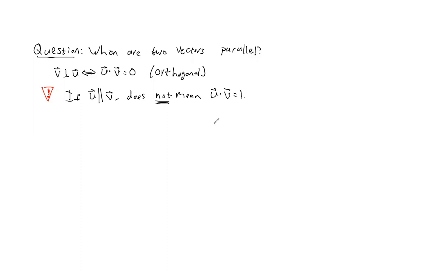I don't really know where this comes from, but a lot of people make this mistake. If they're parallel, that does not mean the dot product is 1. It doesn't really tell you anything about their dot product at all, except that it's not 0.